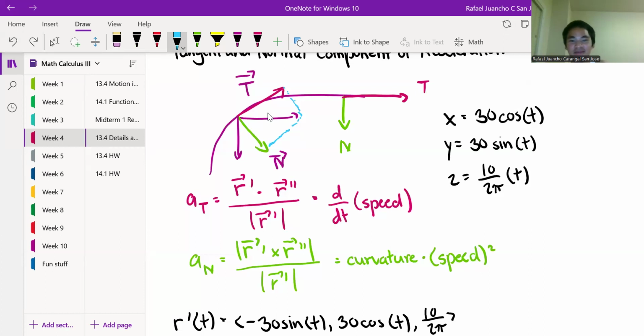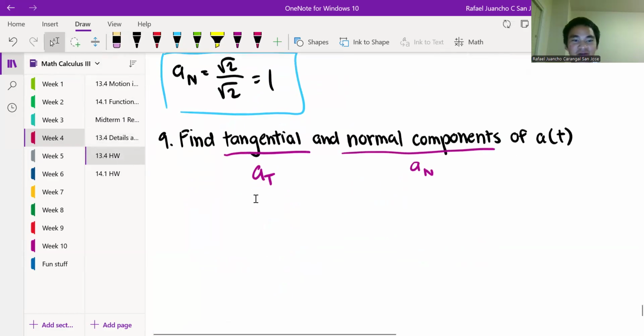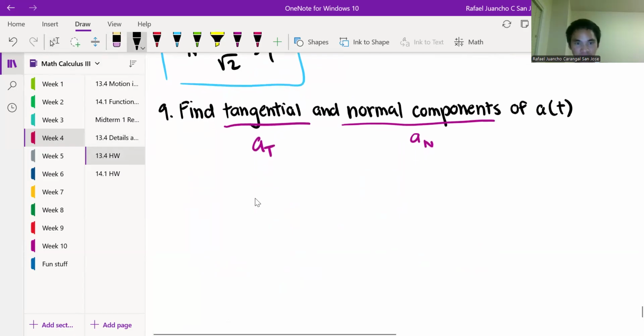So here we're pointing extremely downwards, which means we have a tendency to really curve. That's the best I can give as of now. If you guys know more about this stuff, please do tell me. So we find the tangential and normal components of our acceleration vector.